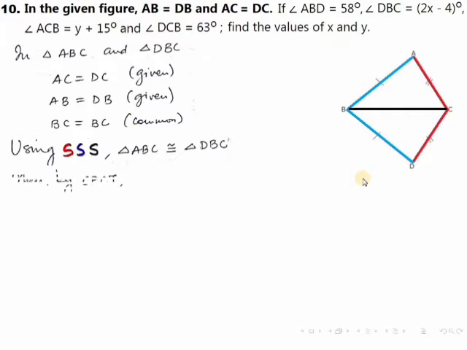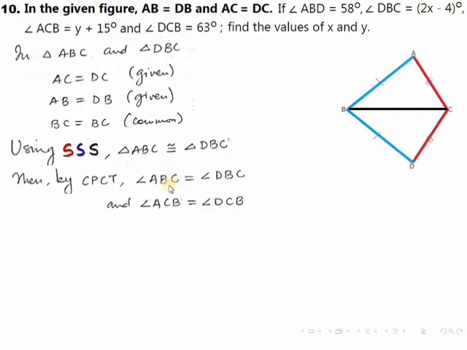Now by CPCT, angle ABC will be equal to angle DBC, and angle ACB is going to be equal to angle DCB. So this is by CPCT.